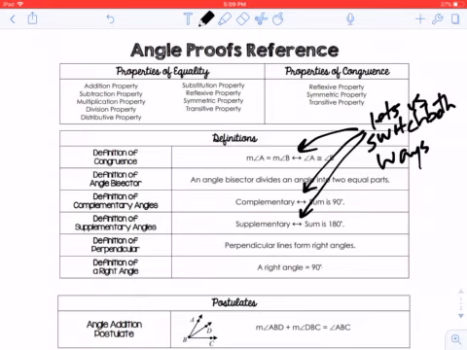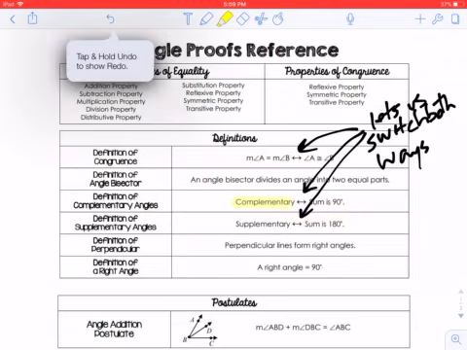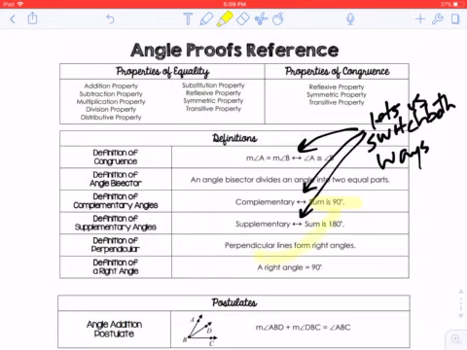So for the definition of complementary angles, if we know two angles are complementary, then we can conclude, oh, their sum must be 90. Similarly, if we know their sum is 90, we can go the other way and say, oh, they must be complementary then. So it's a really useful tool to know that we can use these either way. That's what those arrows mean.